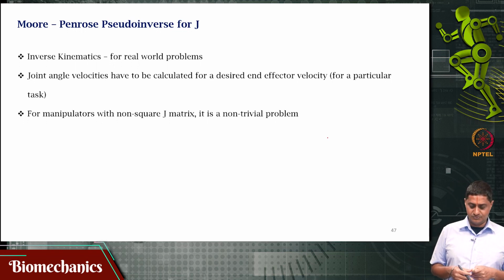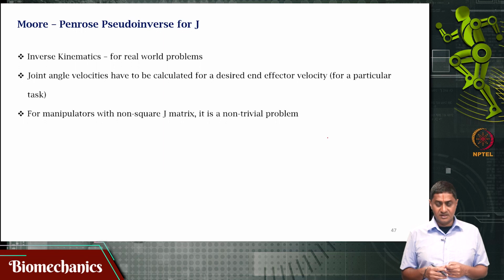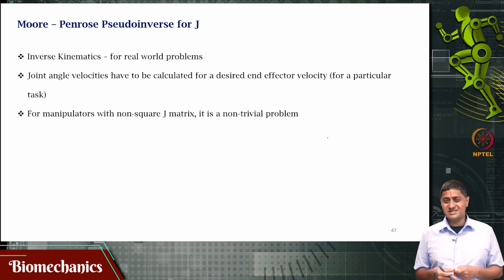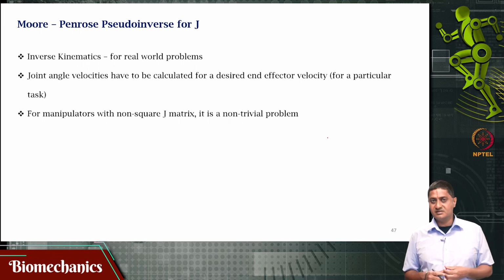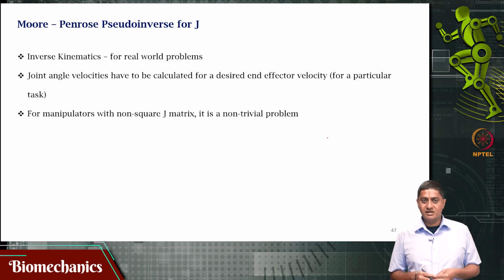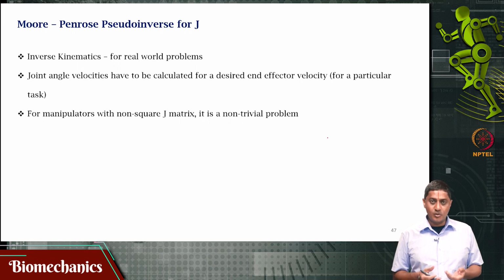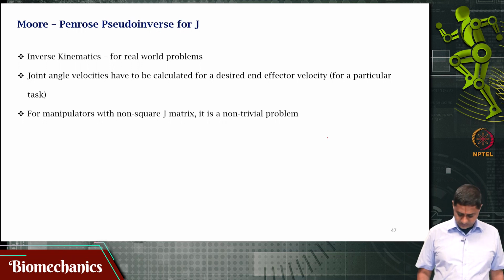It turns out that there is a way, but it is not a trivial problem. It is not a simple matrix inverse problem like we saw in the 2-link serial kinematic chain. We can find the inverse of a 3-link Jacobian, but it is non-trivial, right.